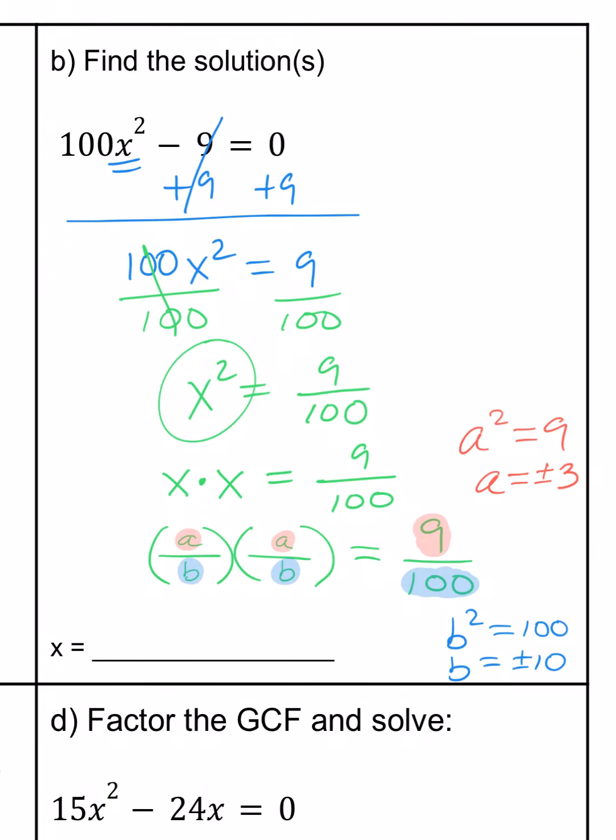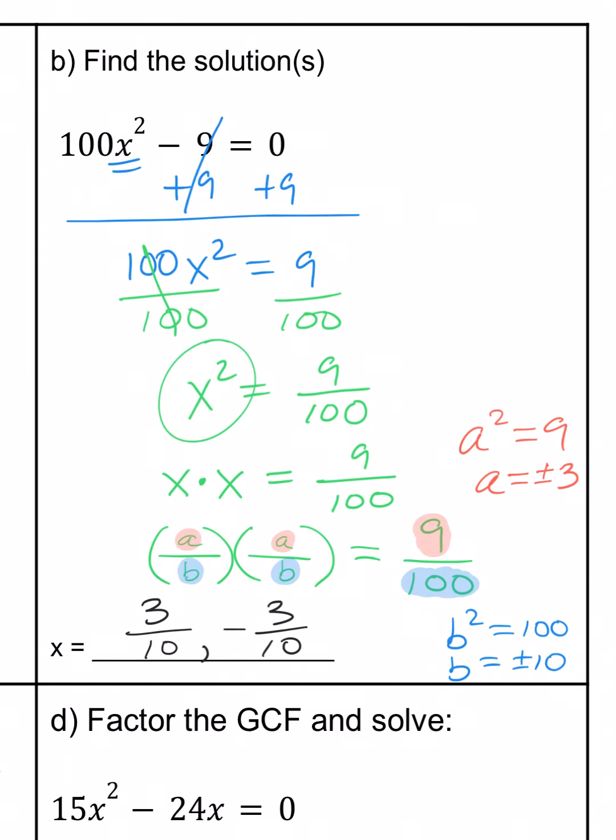3 times 3 is 9, or negative 3 times negative 3 is 9. Likewise, 10 times 10 is 100, or negative 10 times negative 10 equals 100. There are two solutions. Our fraction could be 3 over 10, or negative 3 over 10.